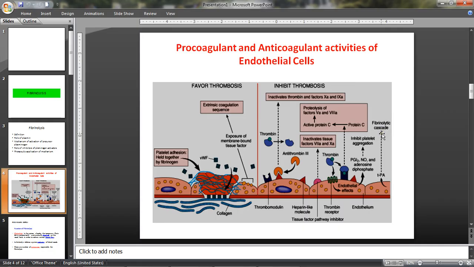So our topic is the mechanism of fibrinolysis. You have to dissolve the fibrin which incidentally has been formed in the circulating blood. So this is done by a factor which comes from the endothelial cell, known as the tissue plasminogen activator.